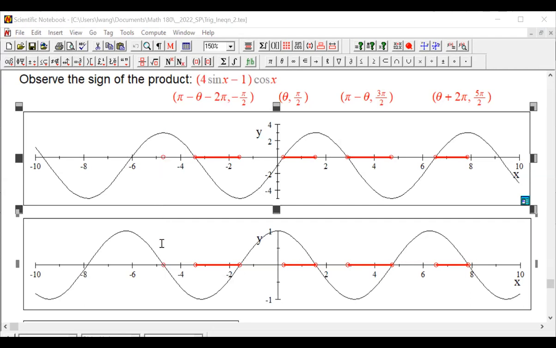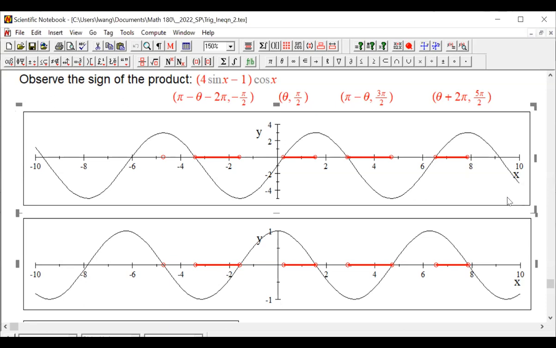On this piece it's positive, and on that piece it's positive, but this is positive for longer. And this turned color here, so what is this number? This number is theta minus 2 pi, right here. You can see this place and that place differ by 2 pi.